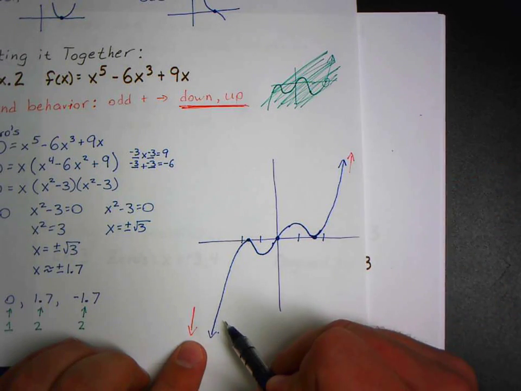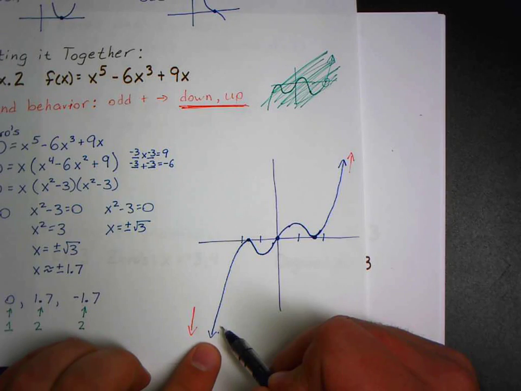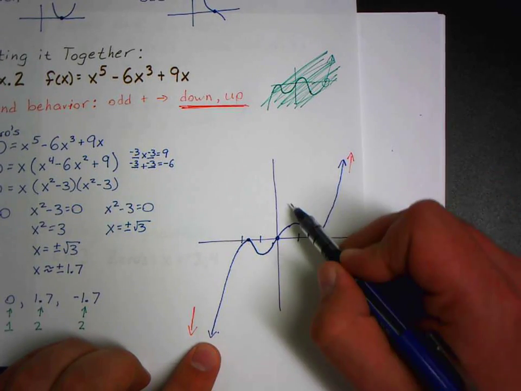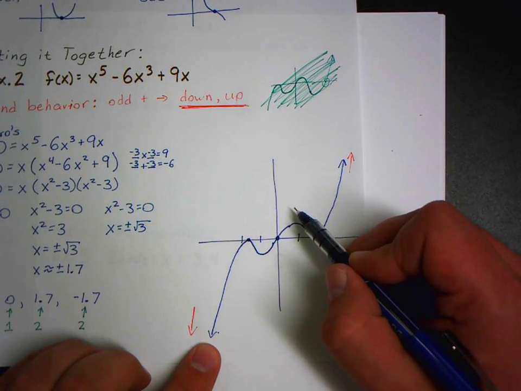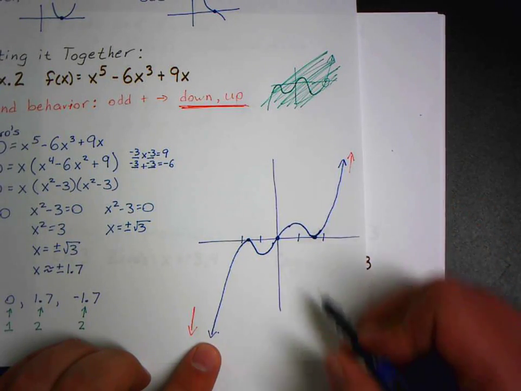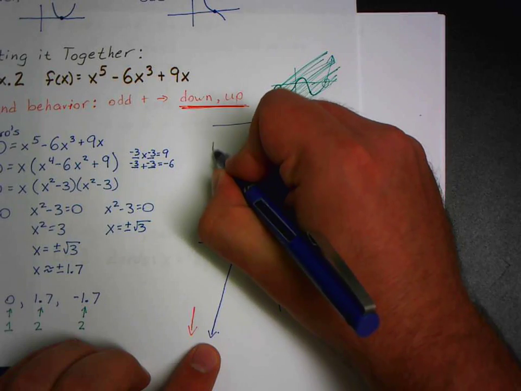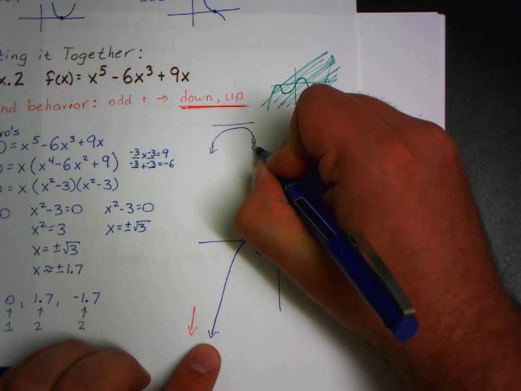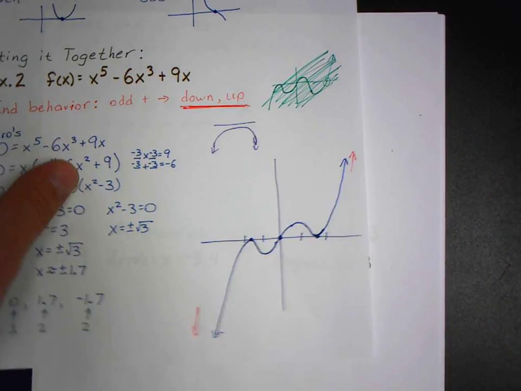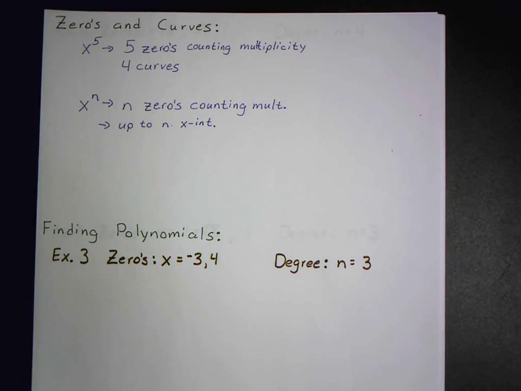So if I start a graph going down and I have to end it up, it has to cross the x-axis at least once. Even powers, though, since they go in the same direction, I can start down and end down without ever crossing that line. But an odd power has to have at least 1.